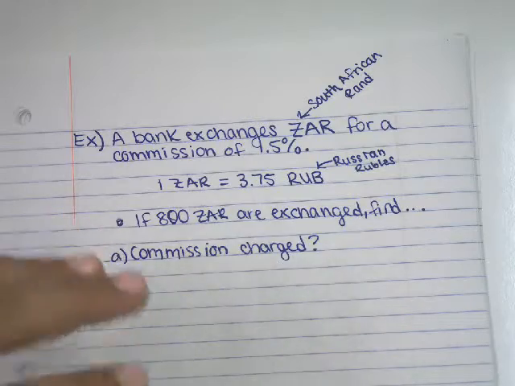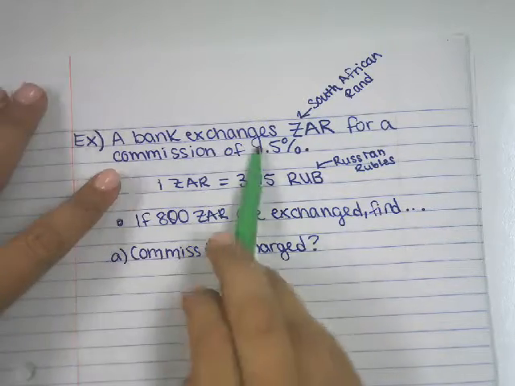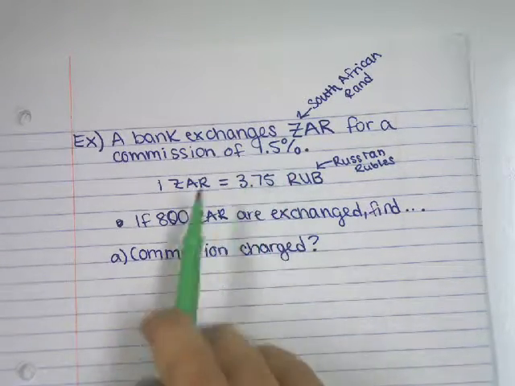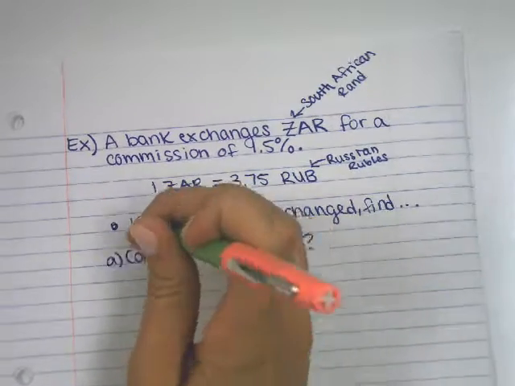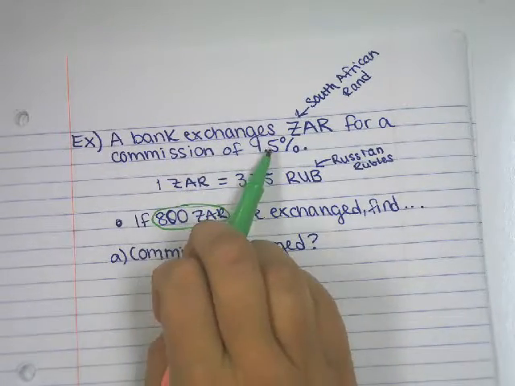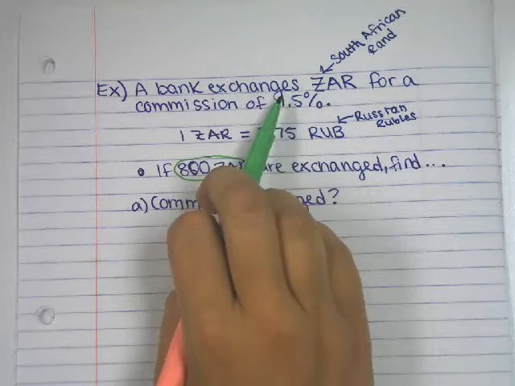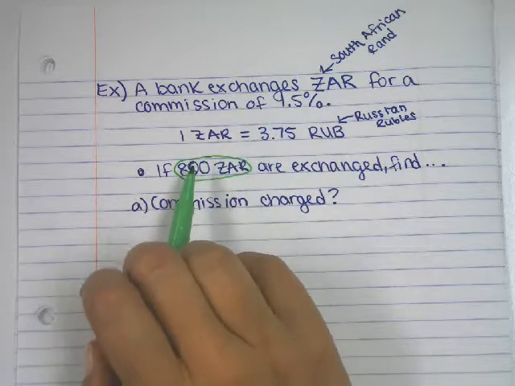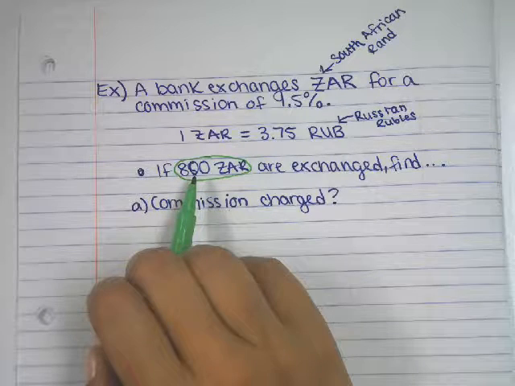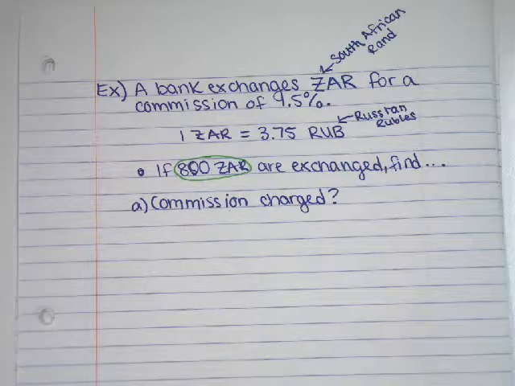So we have to figure out 1.5%. So the money we bring them, they first are going to take their commission of 1.5% from us. So what is 1.5% of 800? Now this is something you've done before. So whether you remember or not, you have found percentages.